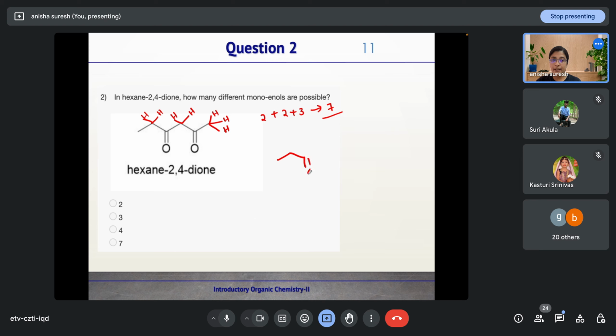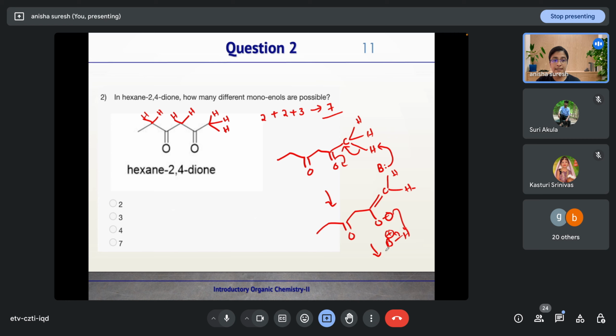So if we consider abstraction, in the presence of a base, or in the presence of acid also it can take place. O minus, double bond, then when it abstracts a proton from the base, it will result in the formation of the enol.